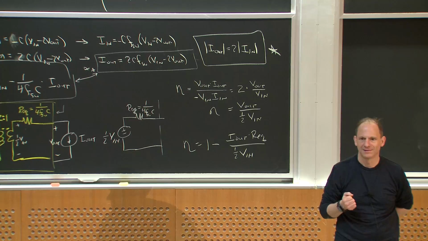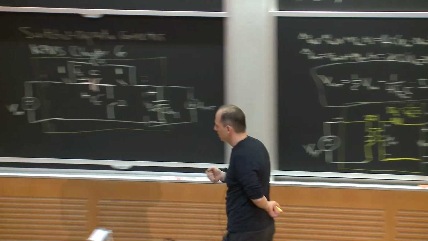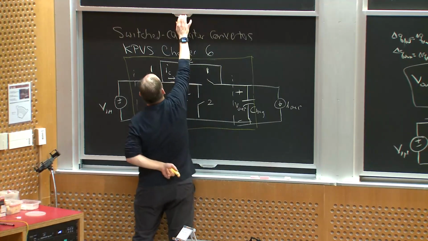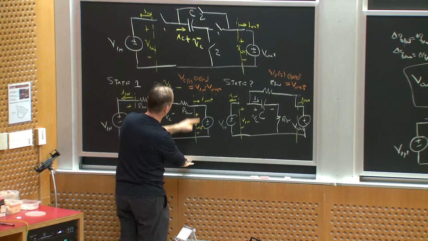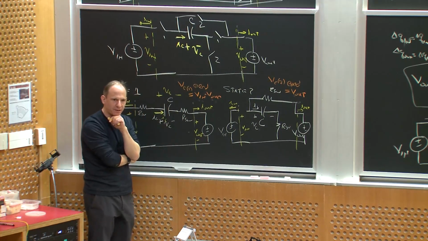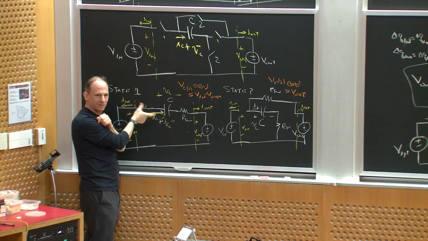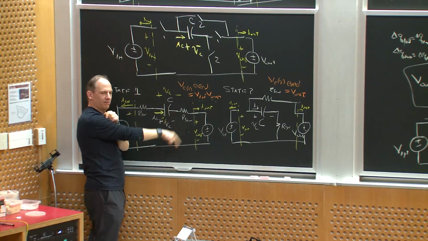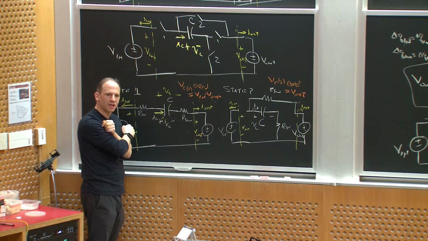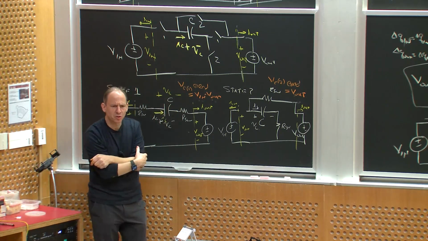Could you say it again, like where the power is being dissipated? The power is being dissipated in any parasitic resistance in the charge and discharge path, okay? So if I turn the switch on, it has some voltage drop across it, or if the capacitor has some parasitic resistance, it loses some energy in that. You say, well, what happens if I make my switch resistance go to 0?